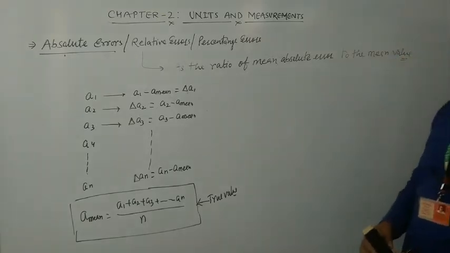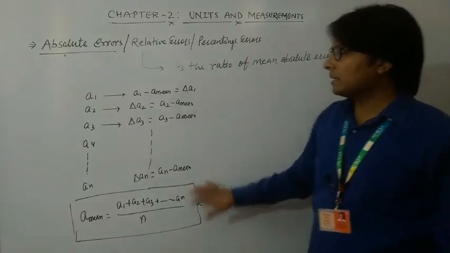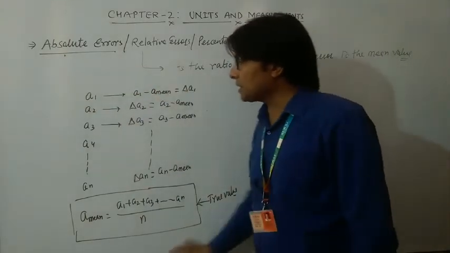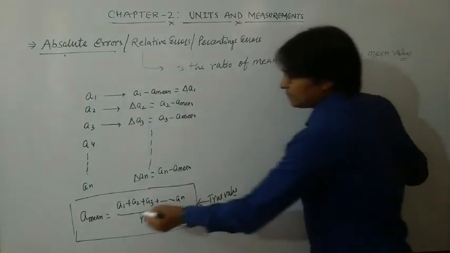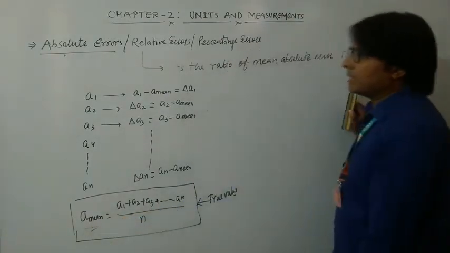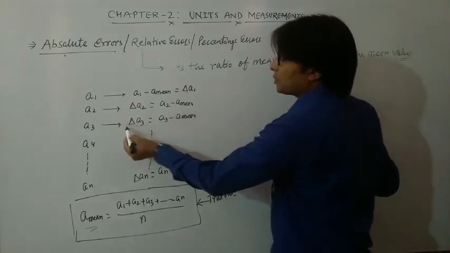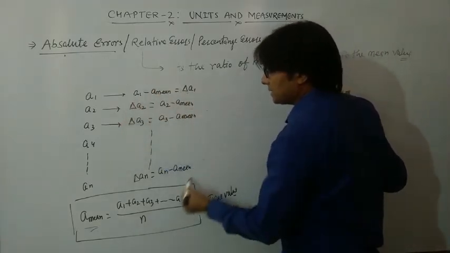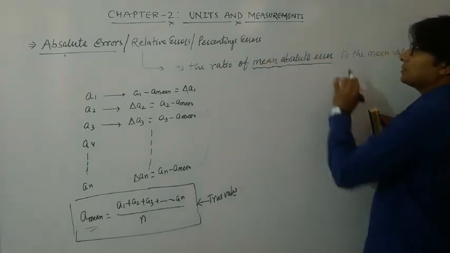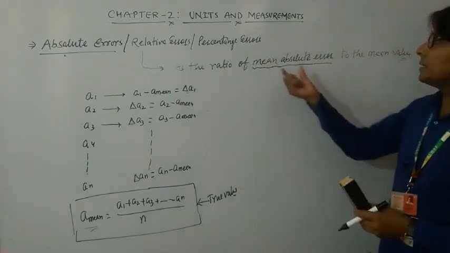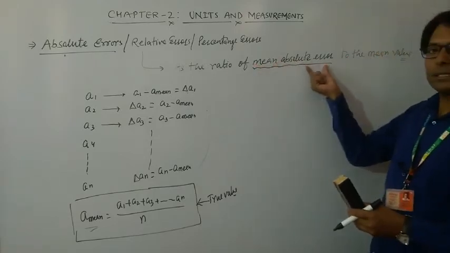Now let us try to find the relative error in this set of readings. So we have the mean value as this, and we have the absolute errors as this. So what is mean absolute error? It is the mean of absolute errors.